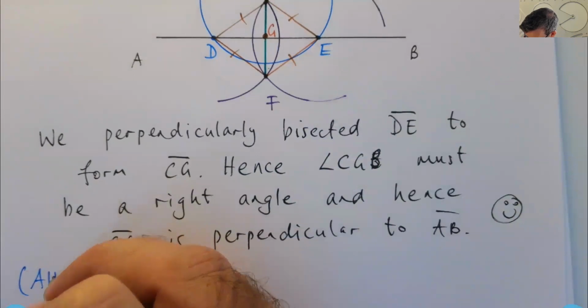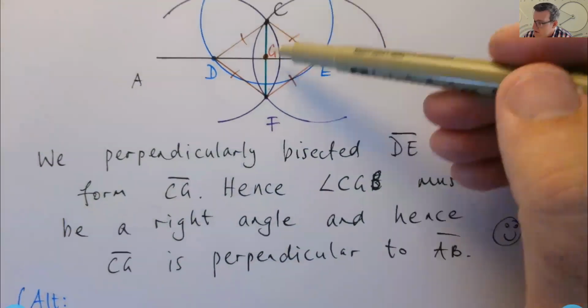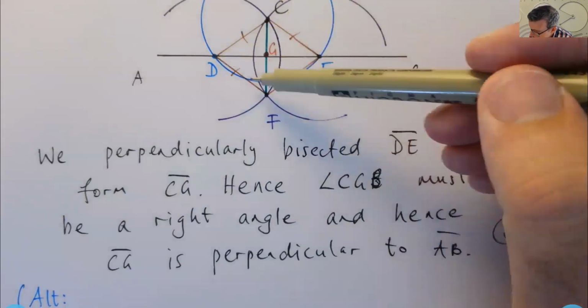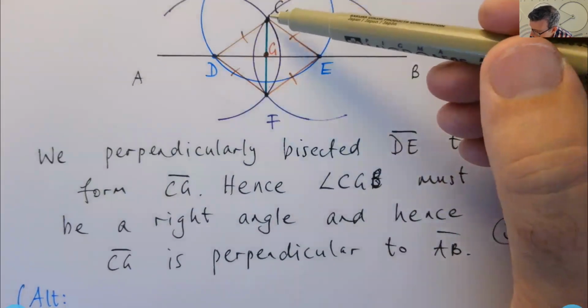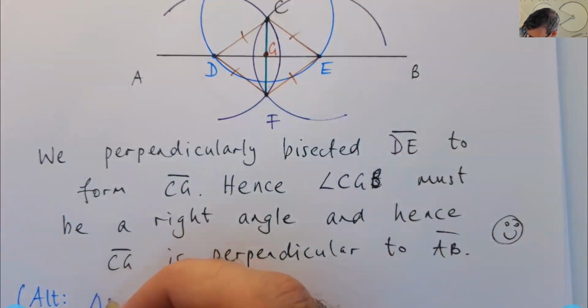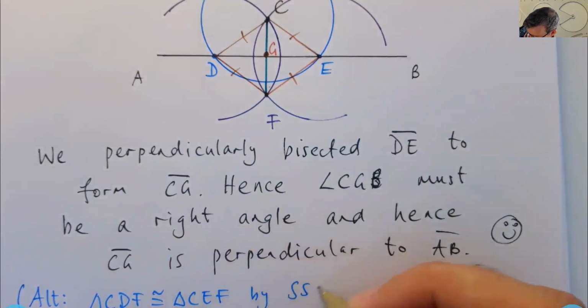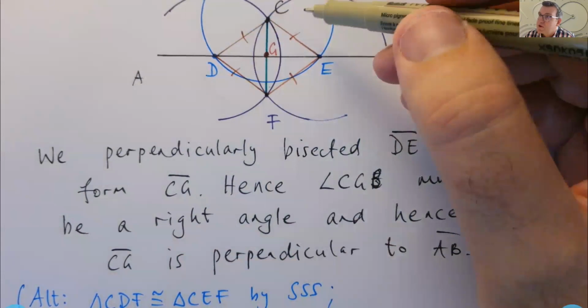Alternatively, you can show that the triangle CDF is congruent to triangle CEF by side, side, side. So that means that all the corresponding angles are equal.